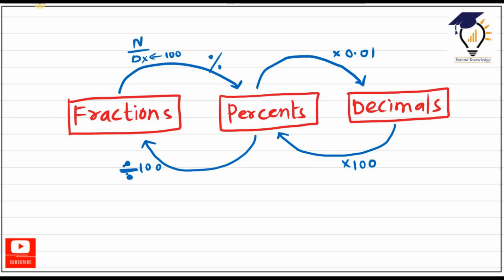When multiplying by 0.01, we move the decimal 2 places to the left. When multiplying by 100, we move the decimal 2 places to the right. That simply gives the conversion. And kids, this is how we convert fractions to percents, percents to decimals.